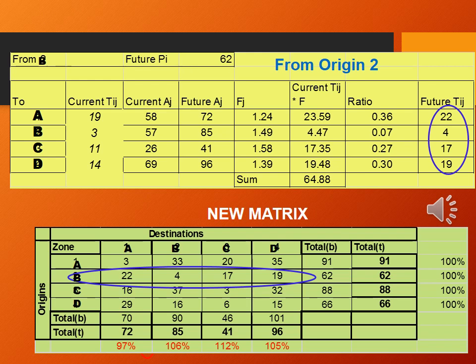We total up these values, which makes 64.88, and by taking each of A, B, C, and D, the origins, we divide into that total and we get this ratio relationship with our future PI of 62. We create our totals, ensuring that they are whole numbers and that they definitively total 62, and then we parlay that into a new matrix, into a horizontal row.